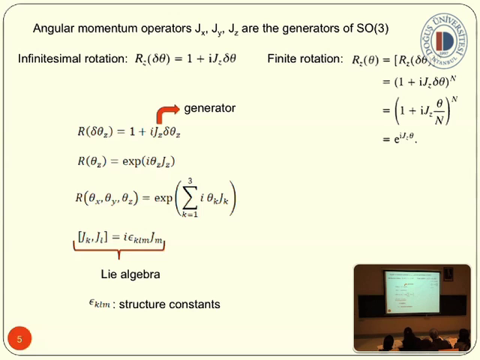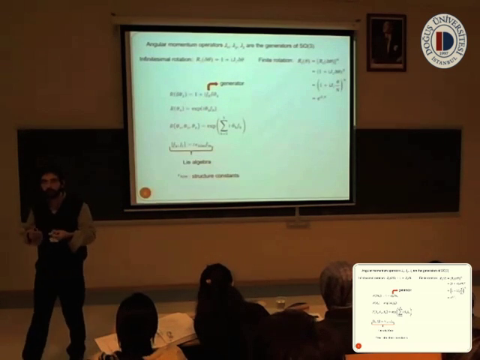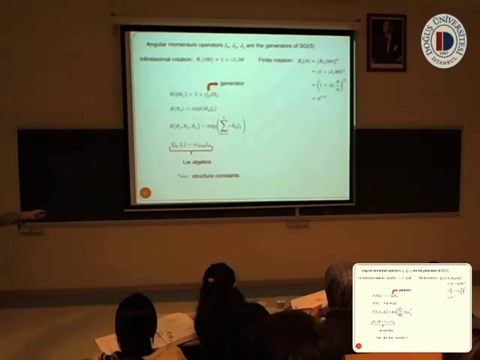And since the rotation group is a 3-parameter group, you have 3 different generators. A general rotation is the product of 3 rotations. When you take the product of exponentials, you are adding the generators, because e to the x times e to the y is equal to e to the x plus y. So here you have a sum over the generators. So this is a general element of the rotation group.